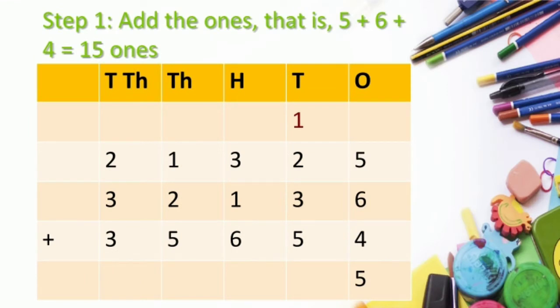First step is add the ones, that is 5 plus 6 plus 4 equal to 15 ones. Regroup 15 ones as 1 ten plus 5 ones. Write 5 under the ones column and carry over 1 ten to the tens place.